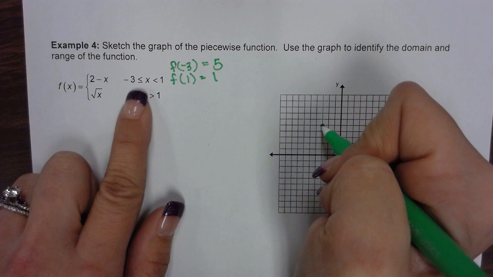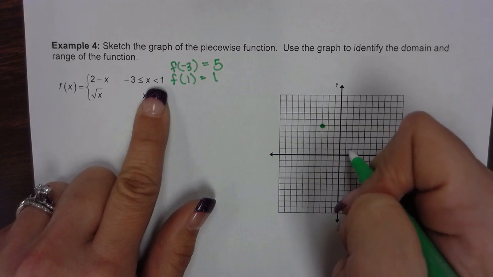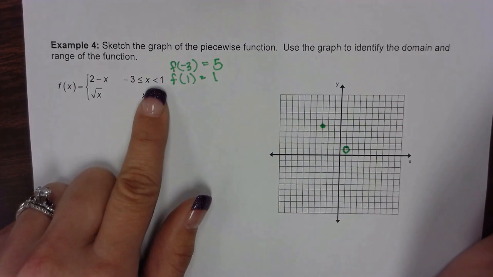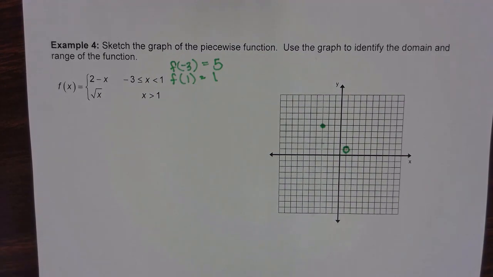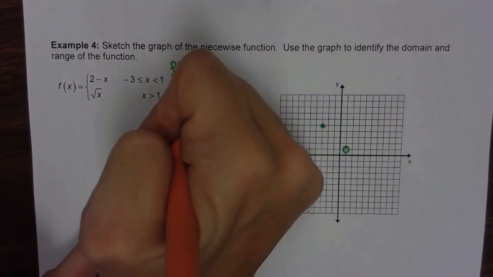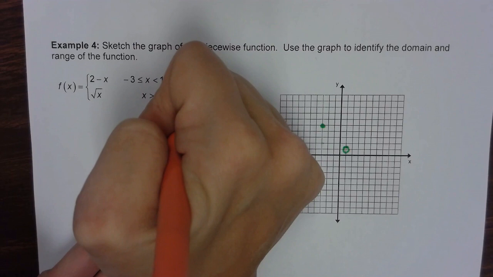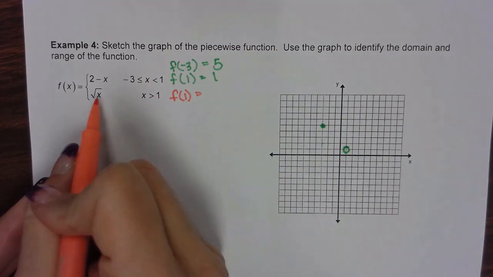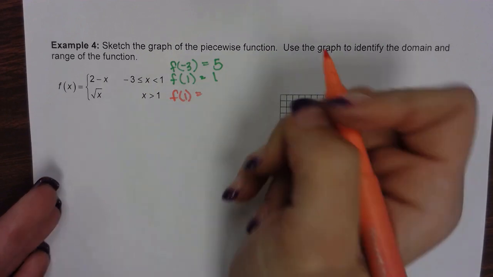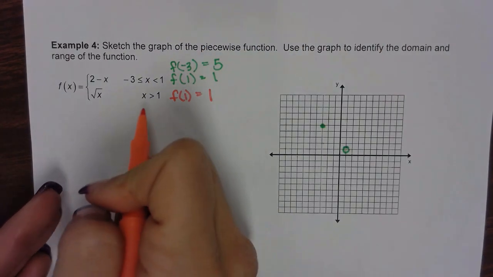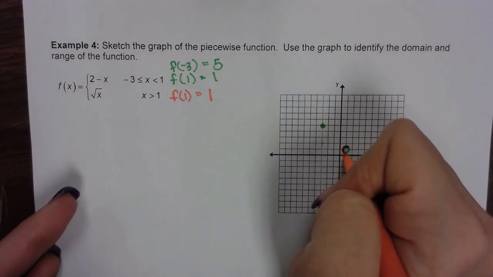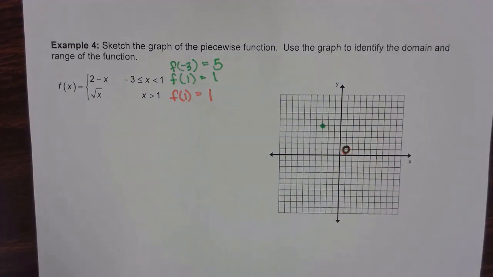One is not filled in. And then we have f of 1. Well, the square root of 1 is 1, and that is also not filled in. So that stays a hole.